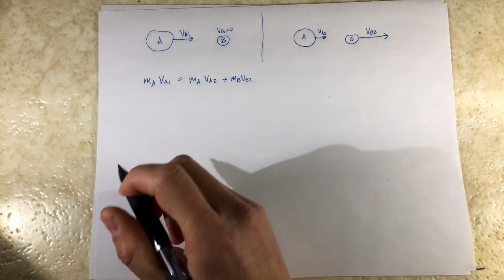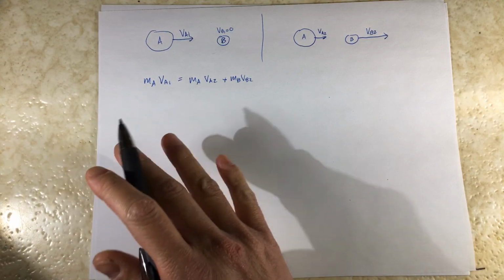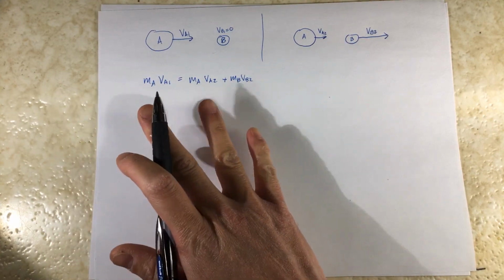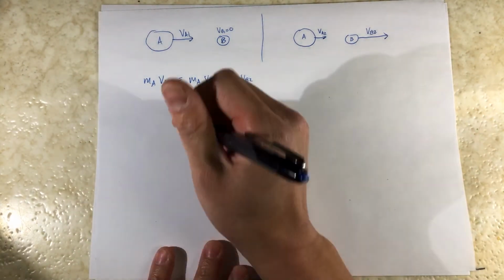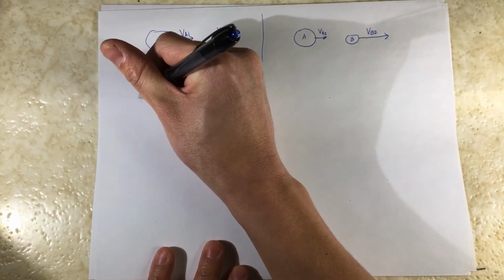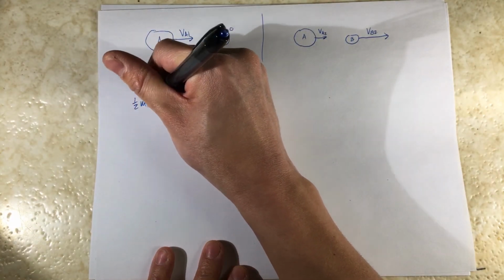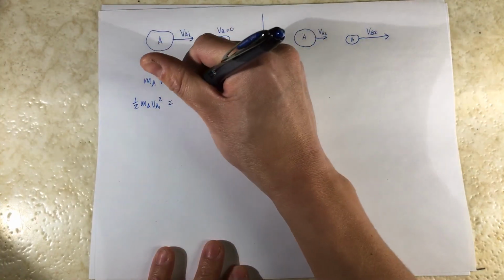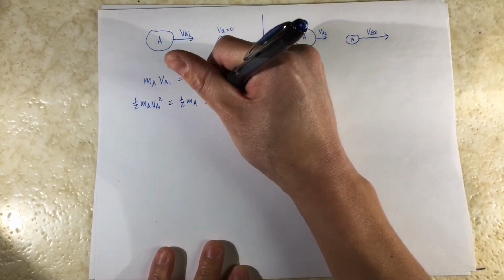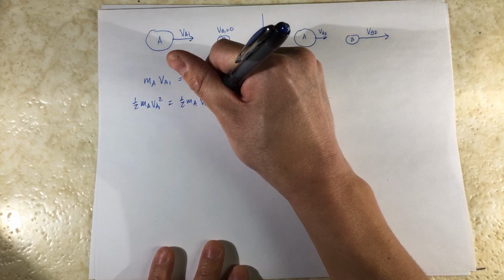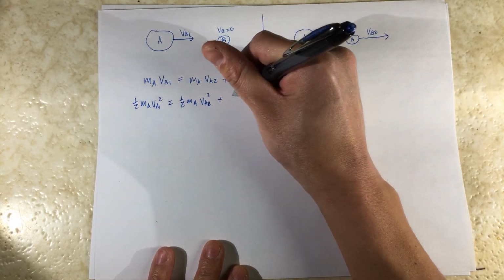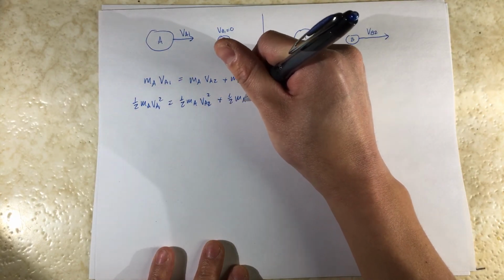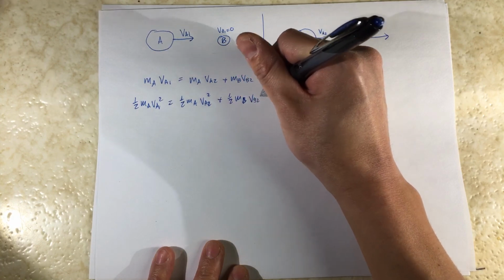Okay, and then if it's elastic, you would have conservation of mechanical energy, kinetic energy. So the equation for that would be the initial kinetic energy, 1/2 MA VA1 squared, and the final kinetic energy is 1/2 MA VA2 squared plus 1/2 MB VB2 squared.